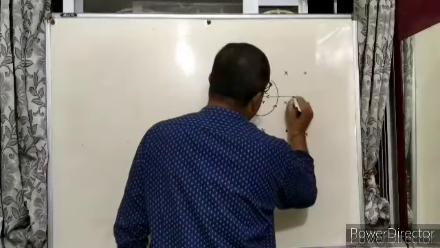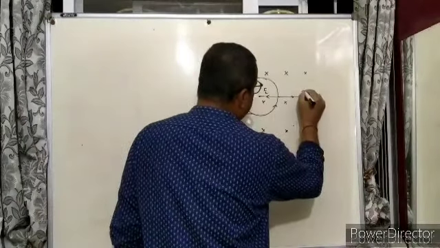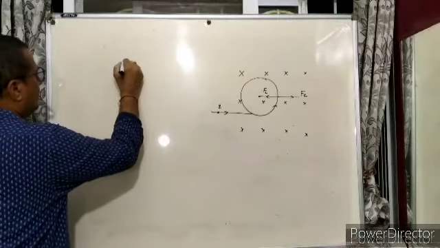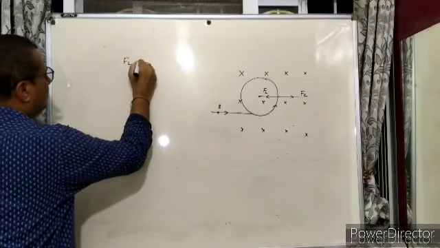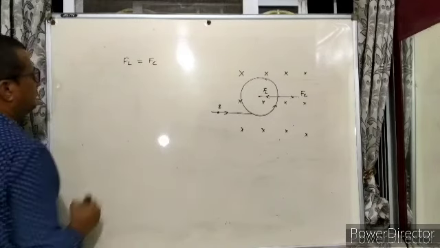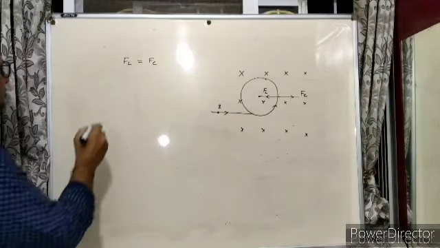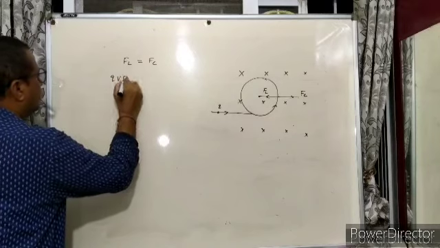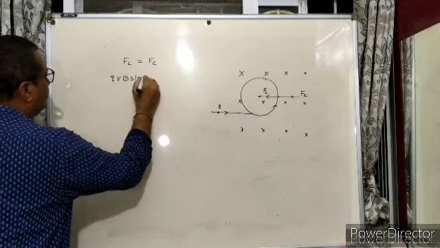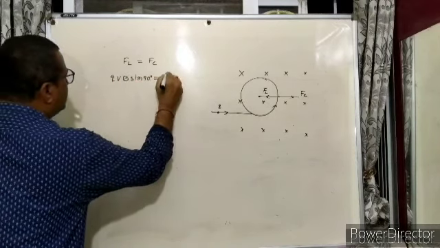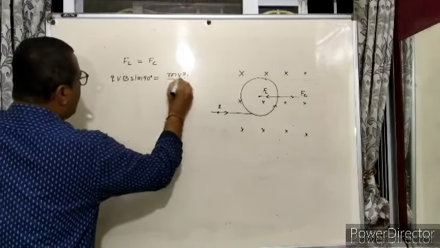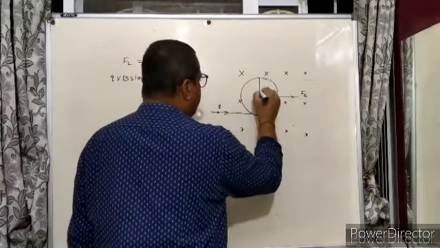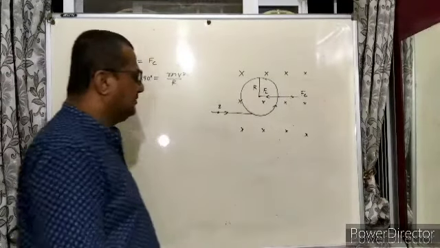So here centripetal force is acting, hence Lorentz force is equal to centripetal force. Lorentz force is equal to qvB sin 90, and centripetal force is equal to mv square by r, where r is the radius of the circle.